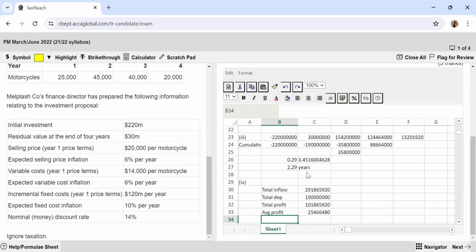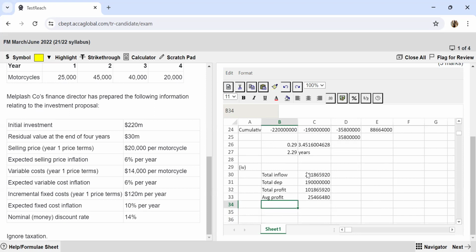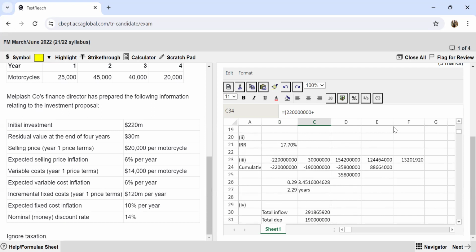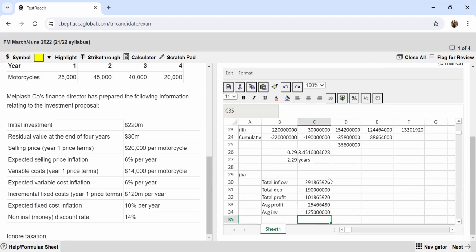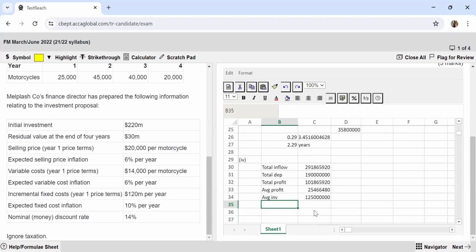The next thing I need to work out is my average investment, which is the initial value plus the scrap value divided by 2. The initial value is 220 million and the scrap value is 30 million. If I divide these by 2, I get my average investment, which comes out to be $125 million.